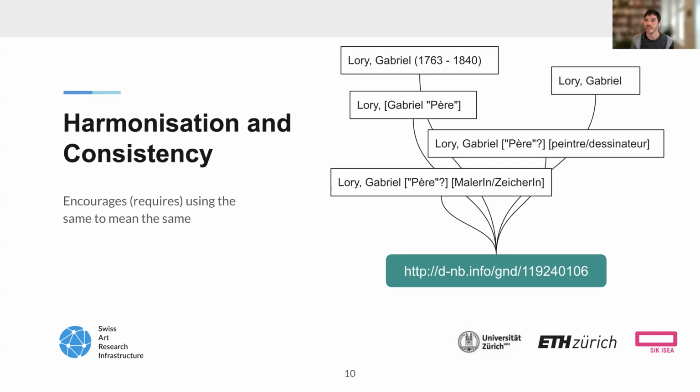If you use linked open data, you're very much encouraged to use unique identifiers, and that makes it much easier to work with the data. And you get additional data, so that's another benefit. You can dereference and query this data to get, for example, birth dates or other additional data about the entities you link to.